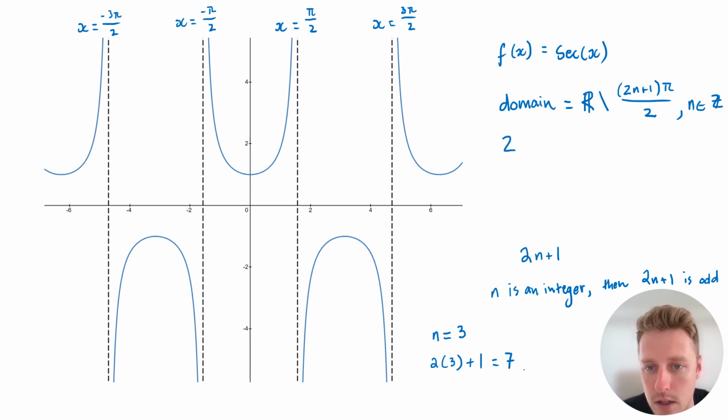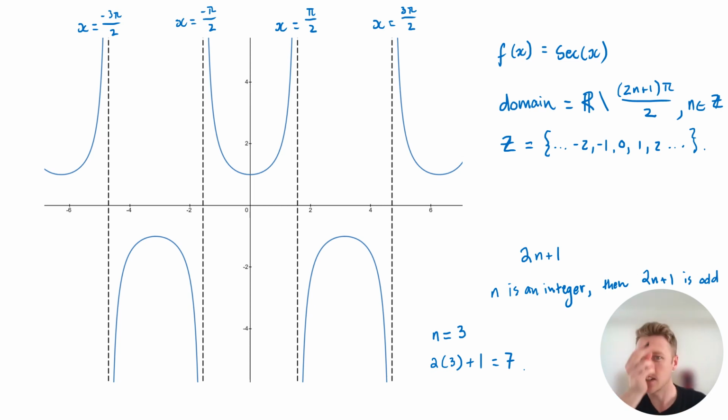Let's just be clear: Z, capital Z, is this set, dot, dot, dot, and then we've got -2, -1, 0, 1, 2, and so on to infinity. So that's actually our domain of our secant function: real numbers, not including any odd multiples of pi on 2.